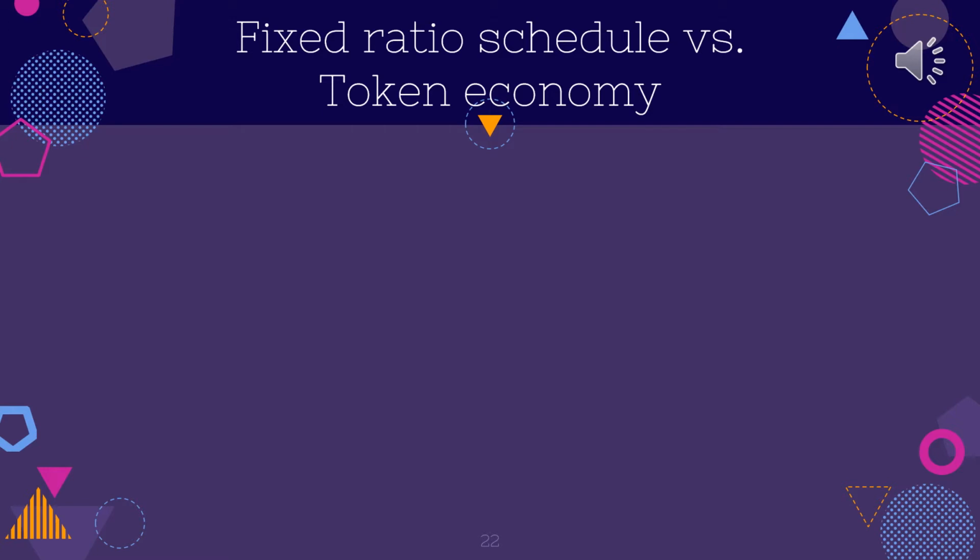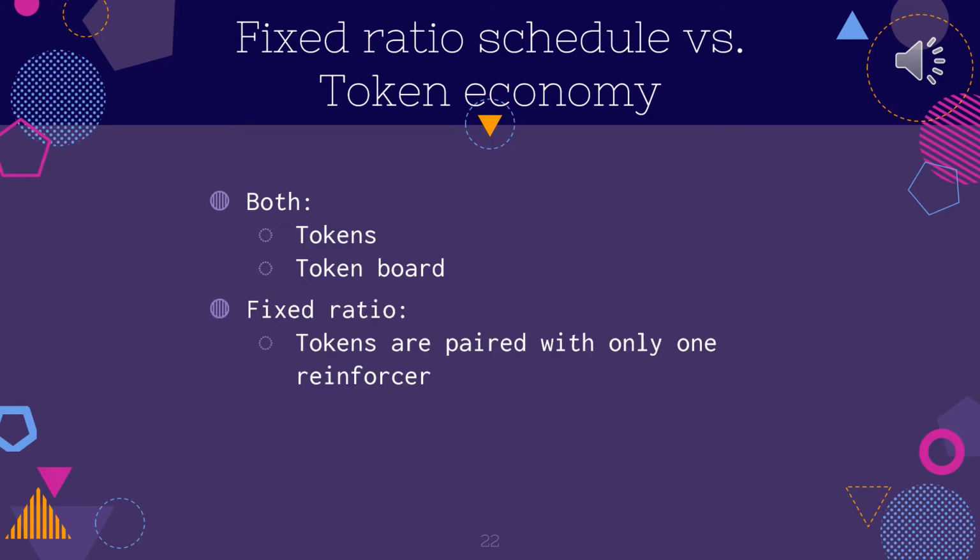Let's cover more in depth the differences between fixed ratio schedules and token economies. In both an FR schedule and a token economy, you can use tokens, and you can also use a token board. However, with a fixed ratio schedule, the tokens are paired with only one reinforcer. This would mean that the tokens are just a learned reinforcer.